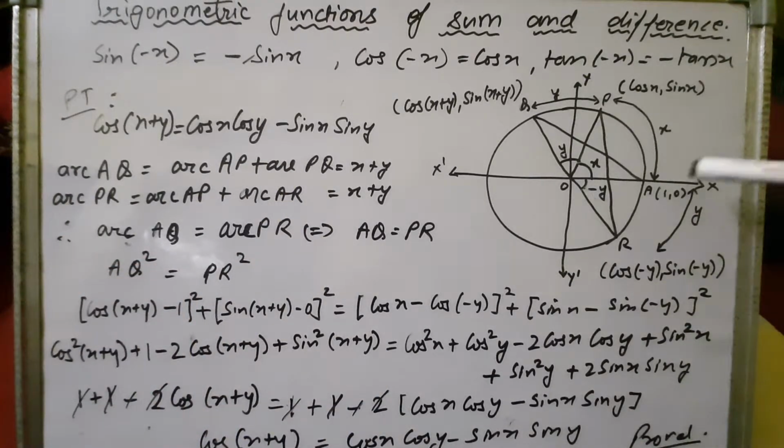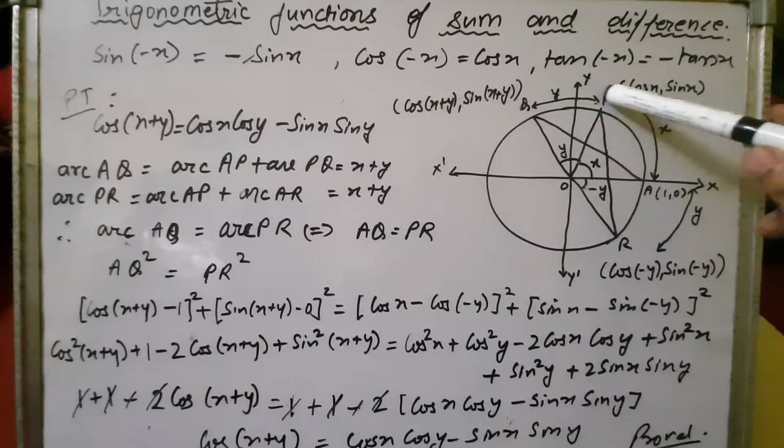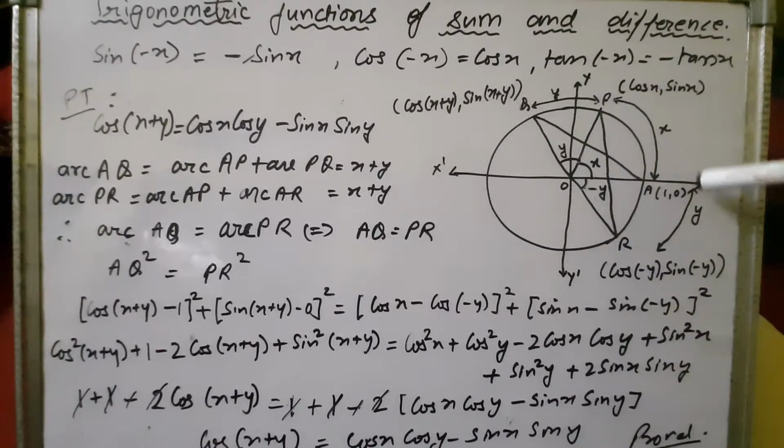AP is x, PQ is y. So the length of arc AQ will be x plus y. Similarly, the length of arc PR will be, this is x, this is y, so it will be x plus y. That means the length of AQ and the length of PR are equal. Both the arcs are of equal length.